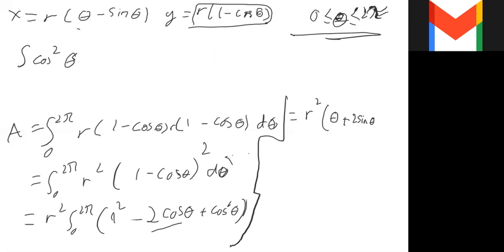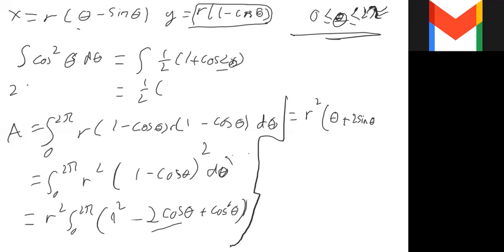Okay, what can we substitute cos squared with that would make this integral a little bit easier? This would be the integral of 1/2 (1 plus cos 2x). Okay, so for the integral of this, we can put a constant outside, and let's replace 2 theta.